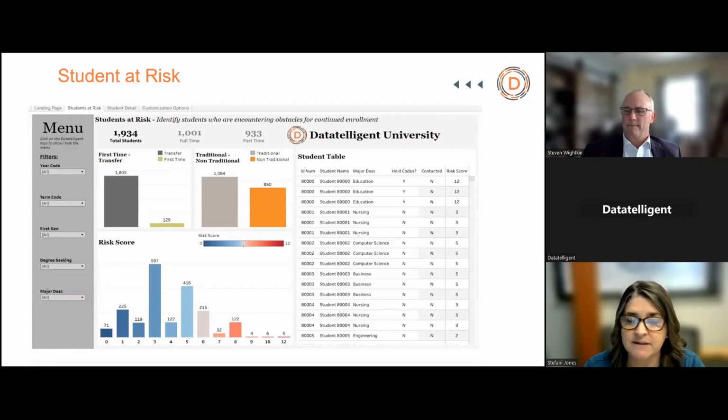Prior to this, we have multiple tools that advisors would have to go to individually to get information on their students. And then at the end of the semester, I would collect all the information that they wanted to provide to me.